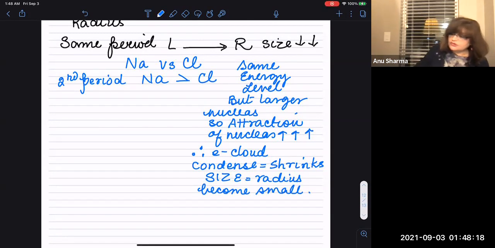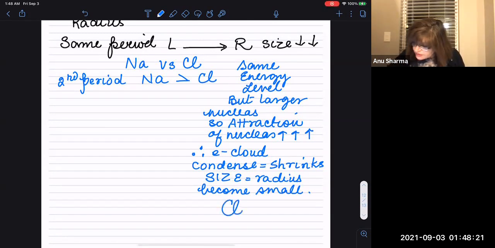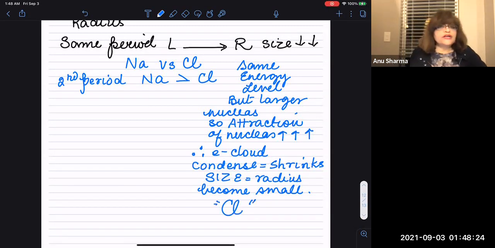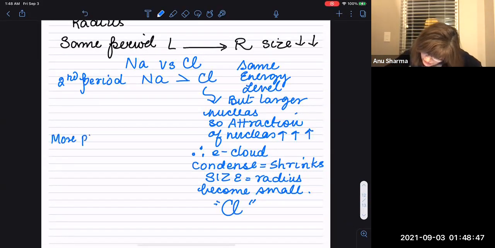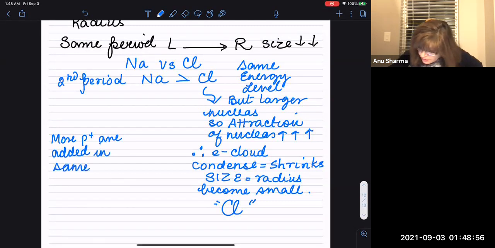That is the situation with chlorine. Why would chlorine have a smaller size? Because in the same period you have the same energy level, you are just adding more electrons. More electrons means more protons, and more protons are added in the same row or period.